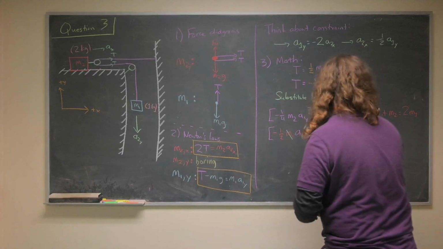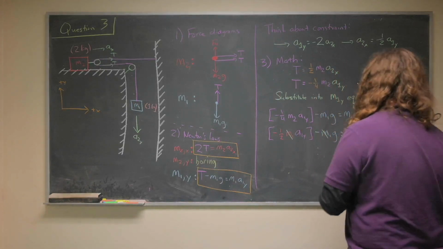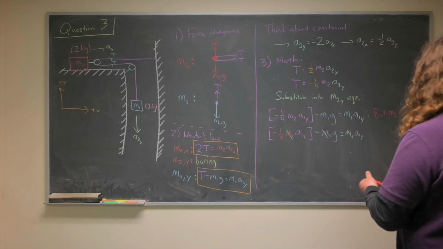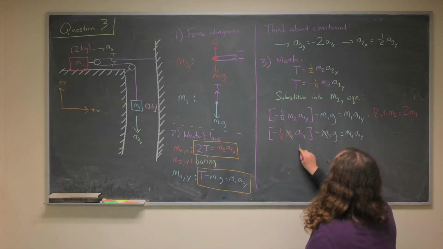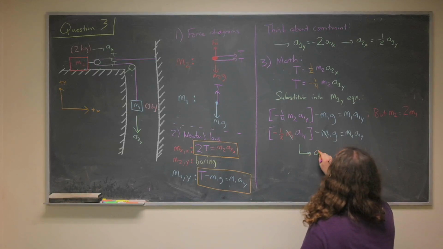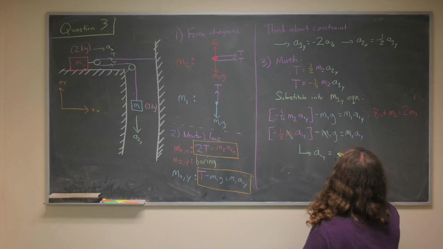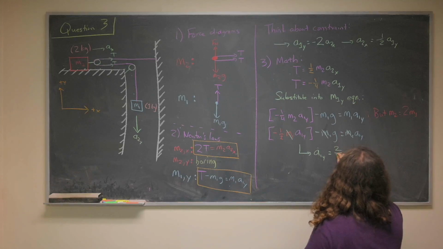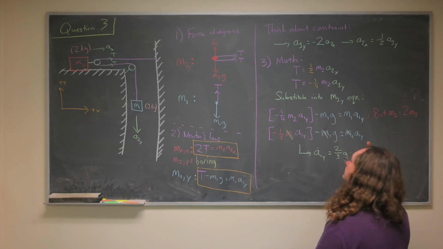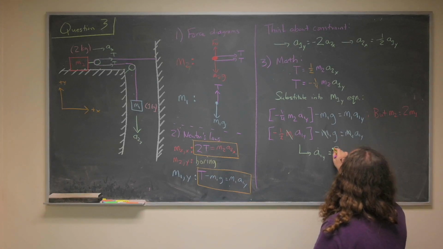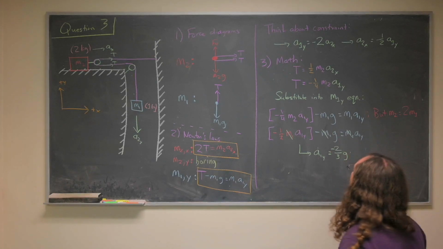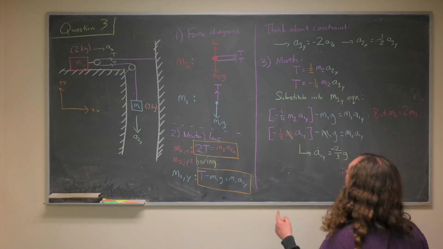And just get rid of all my masses. And this gives me that A1y equals minus 2/3 G. Right, which is what I expect because it's going downward.